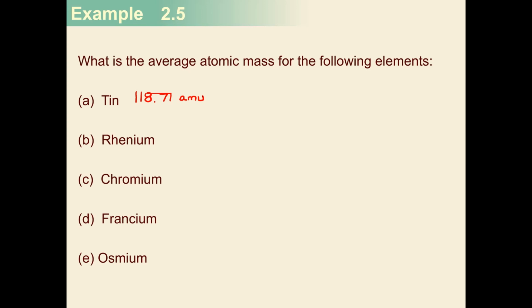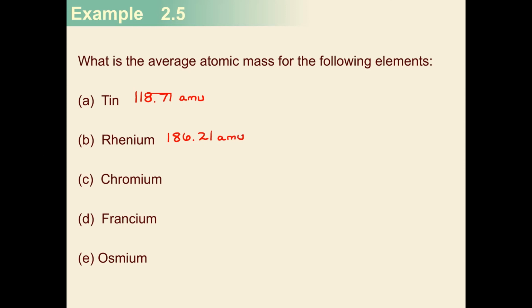So now for B, we can go and look for rhenium. This can be very tough because rhodium, ruthenium, and rhenium are located all very close to each other and have very similar periodic table symbols. If we find rhenium, you will find out that it actually has a mass of 186.21 AMUs.